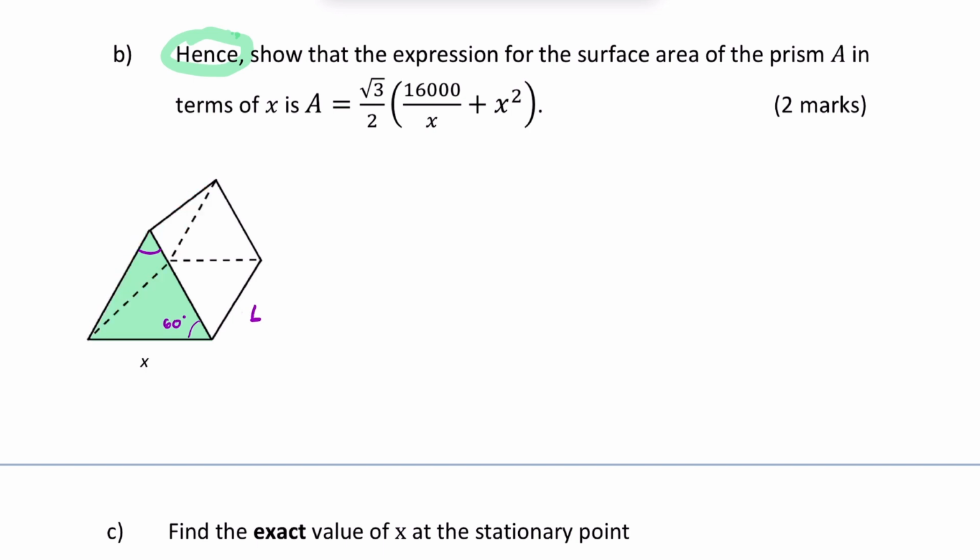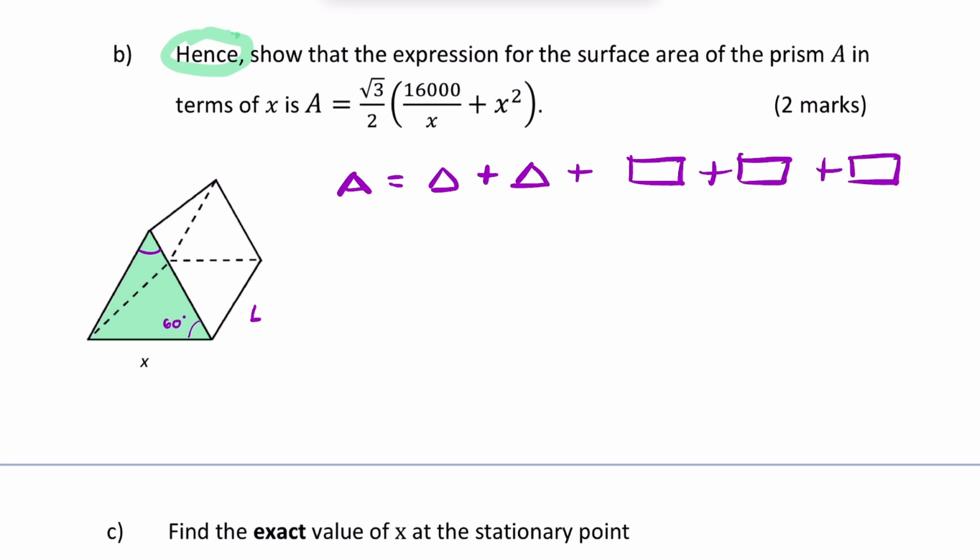So the surface area is a triangle plus a triangle plus a rectangle and a rectangle and a rectangle. The three rectangles have the same dimensions and the triangles have the same dimensions. So really it's just two triangles and three rectangles.